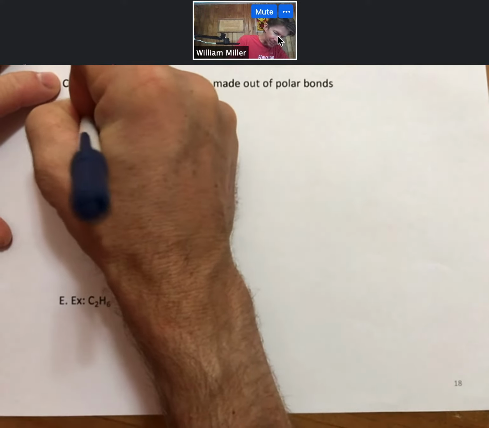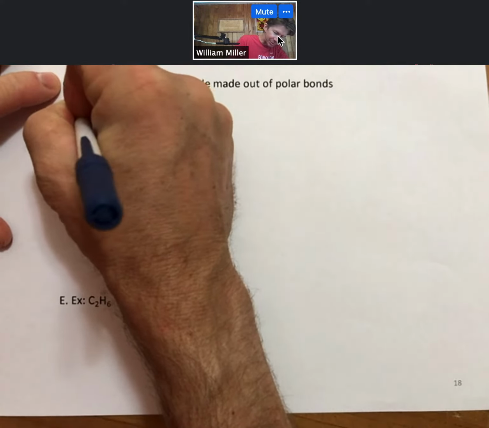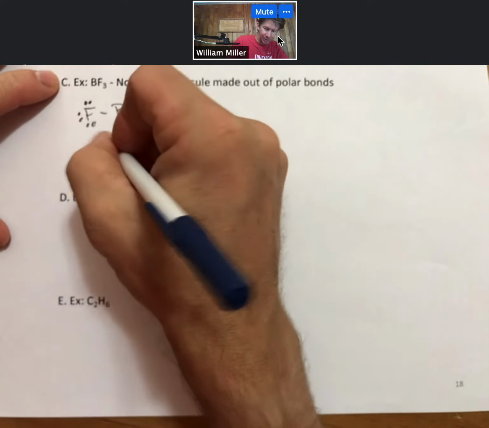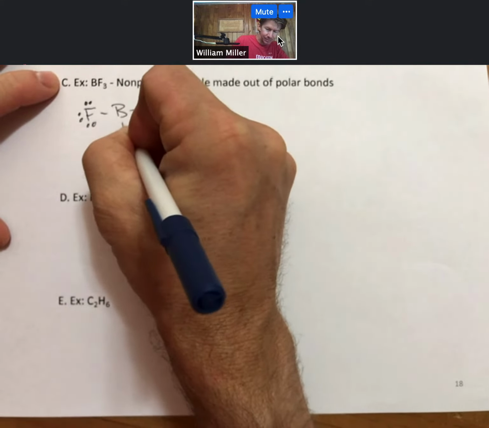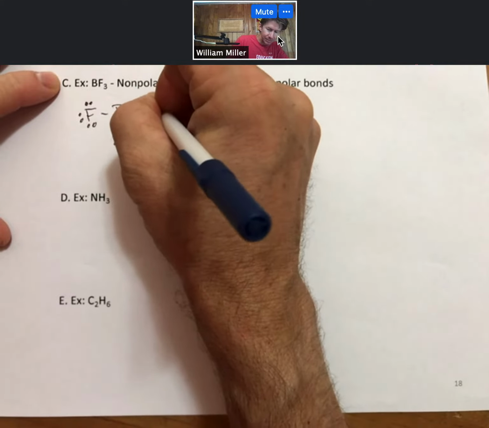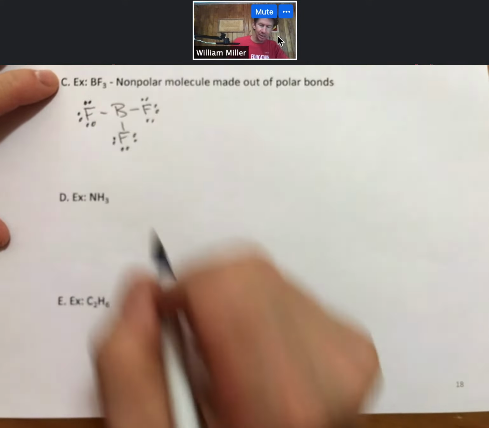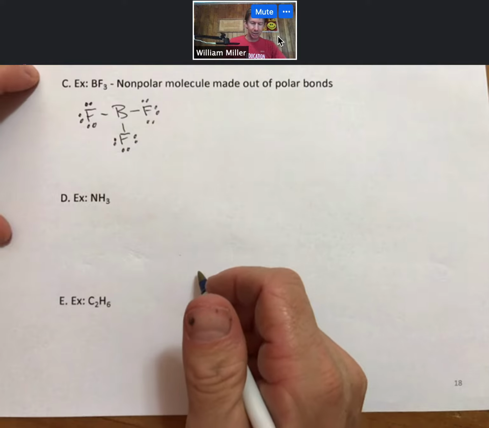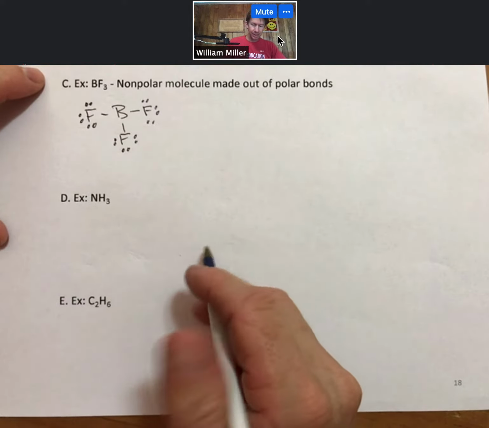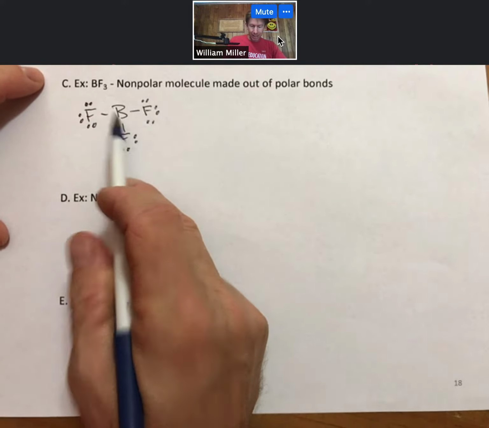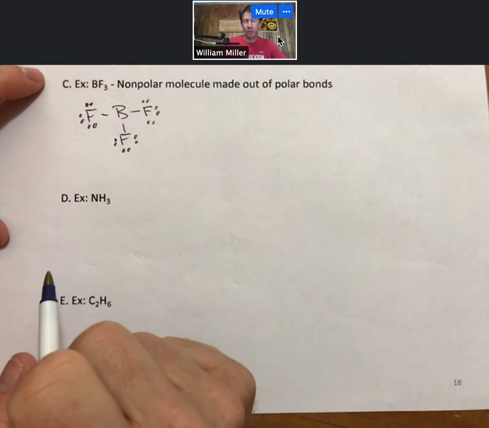And again, you would follow the process for doing Lewis structures, which would count up all the valence electrons, place the atom in the center that is least electronegative, etc., etc.